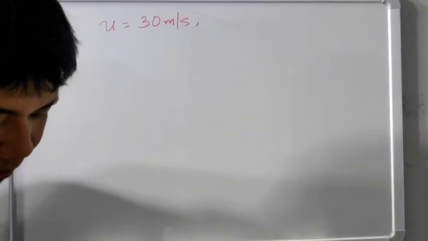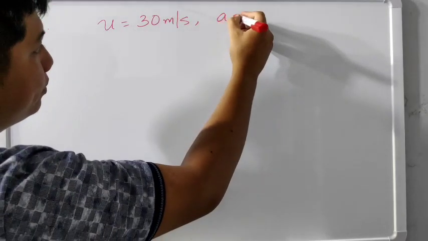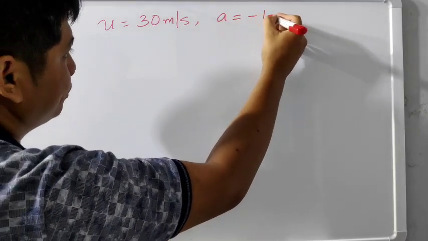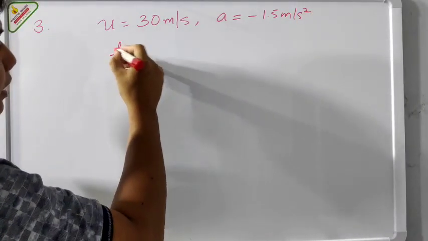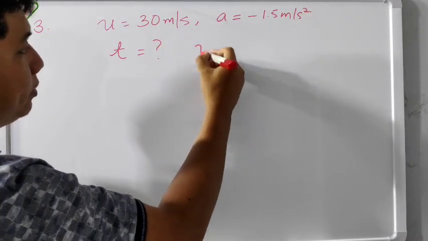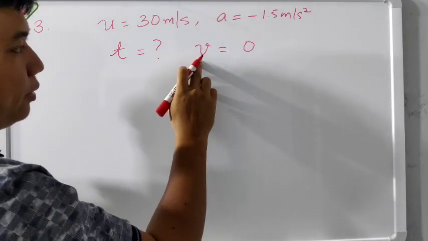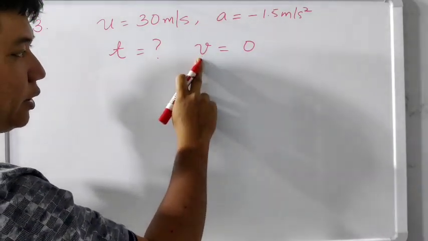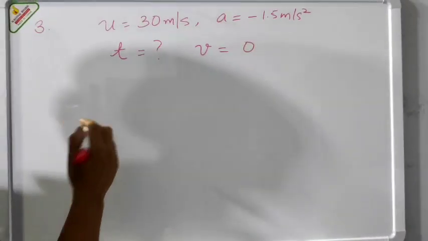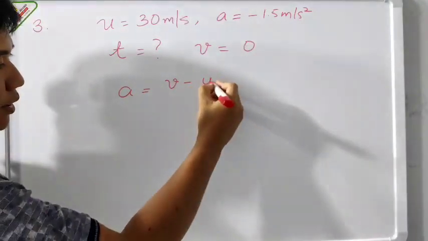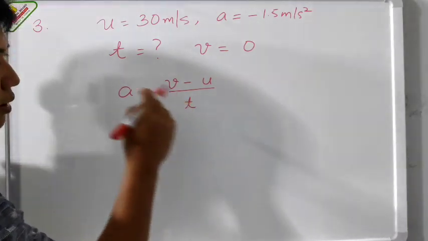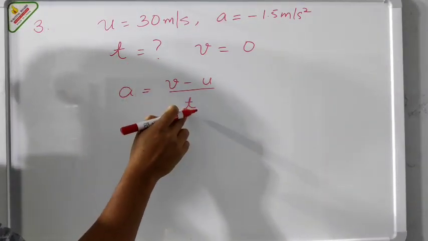The acceleration is minus 1.5 meter per second square. If it comes to rest, the final velocity v is 0. The formula is a equals v minus u by t. Here we are going to calculate t.